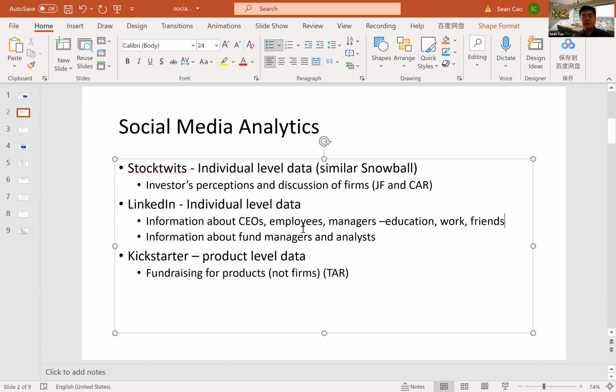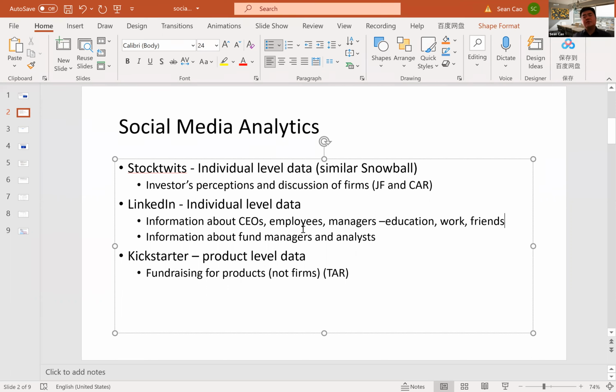You can use the information to tell managers, well, your competitors are recruiting a lot of talented people. I think as a CEO, you should consider that. So by monitoring other companies' recruiting information, you can help your managers make the right human resource choices.